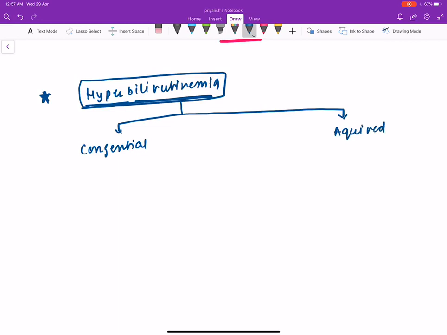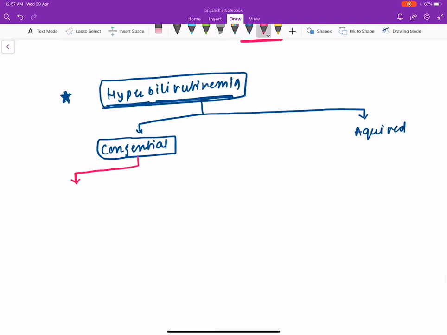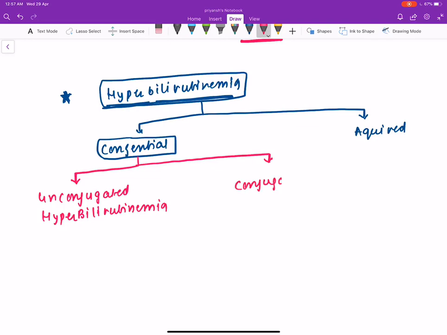Let's first talk about congenital hyperbilirubinemia. There are certain causes in the congenital category that lead to unconjugated hyperbilirubinemia, whereas there are certain causes in the congenital variety that lead to conjugated hyperbilirubinemia.